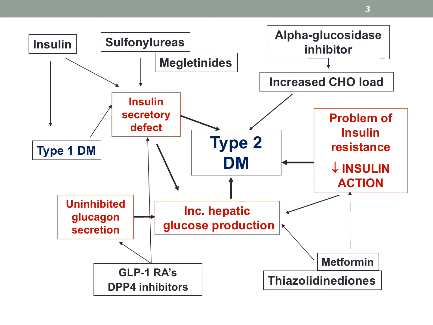The third major problem is that of uninhibited glucagon secretion. And remember that glucagon is counter-regulatory to insulin. So you want to give drugs that not only decrease the glucagon secretion, but can also increase the insulin secretion. And these are the so-called incretin-based therapies.